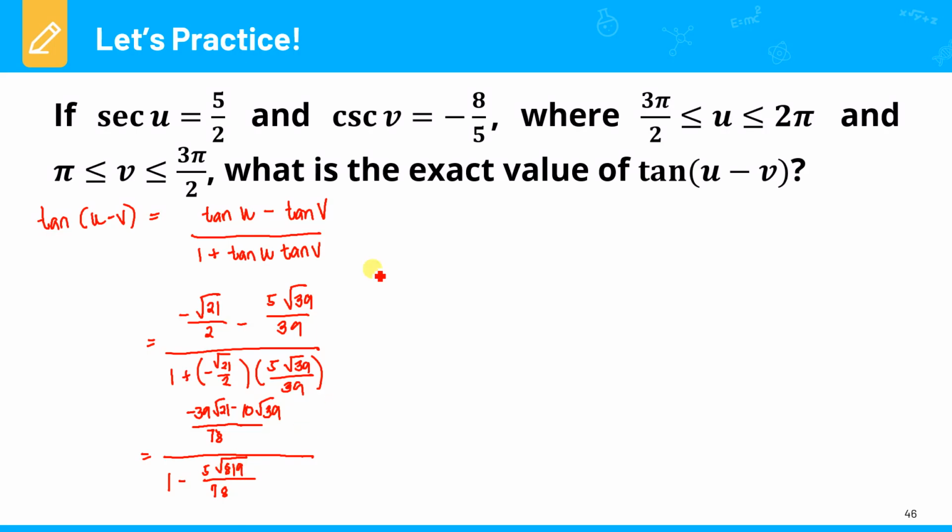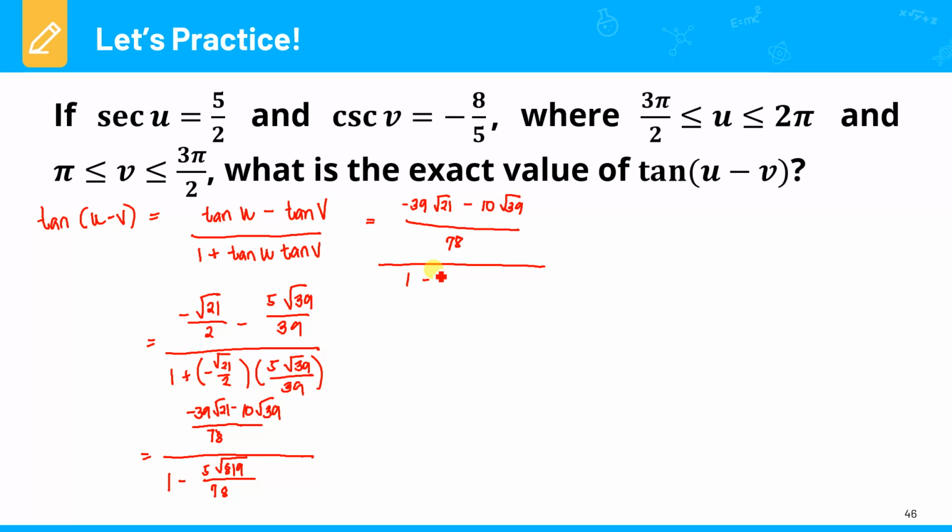So simplify. You have negative 39 square root of 21 minus 10 square root of 39 over 78, all over 1 minus square root of 819.